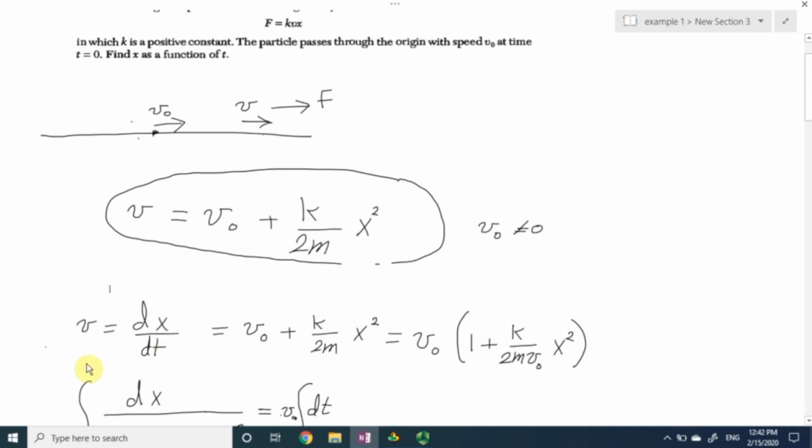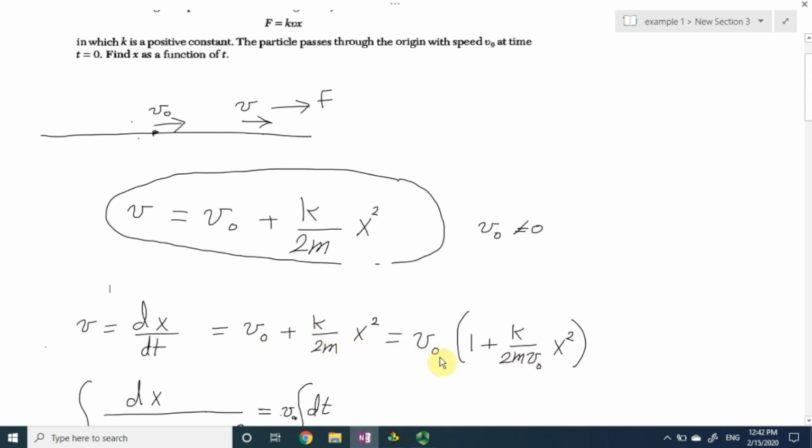Now to continue, we will try to find x as a function of time by noting that the velocity can be written as the derivative of x with respect to time, but we already have velocity, and that's v0 plus k over 2m x squared. I wrote it like this.